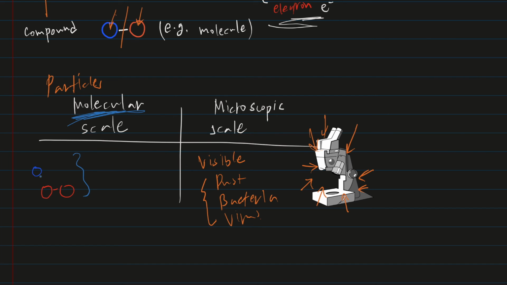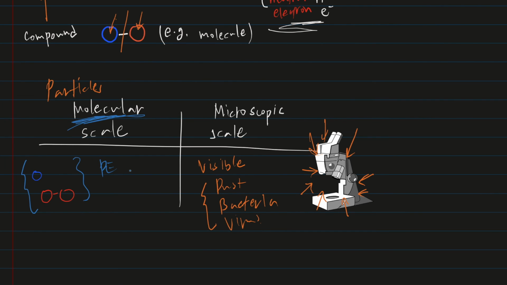We can't see the actual shapes of the molecules and the atoms, but we can use various implicit methods to guess how these atoms and particles look, like photoelectron spectroscopy, PES. We can use various methods, and we're going to talk about that in the next video, history and atomic models.